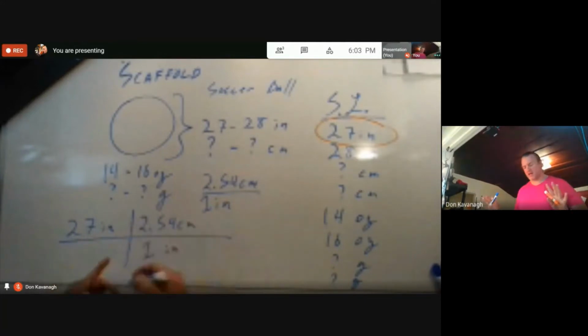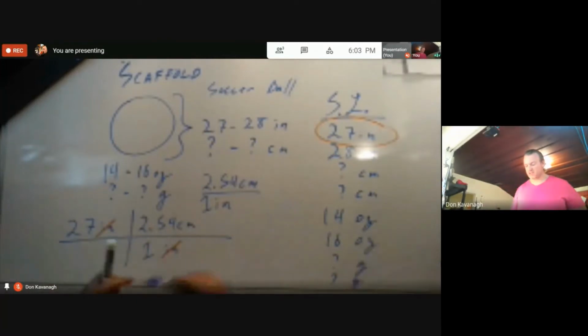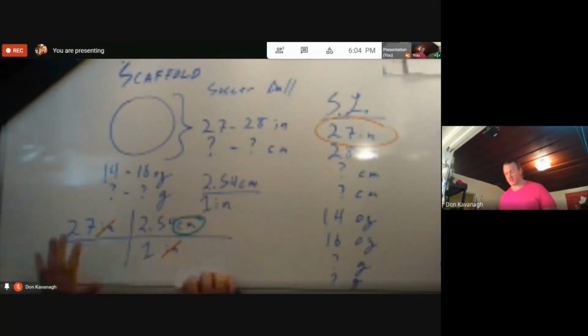Now I stand back for a second and I say, whoa, this works out well. A top unit cancels out a bottom unit. In addition, the unit I want is in the numerator. That is key. So I know I'm going to get the correct conversion of inches to centimeters.